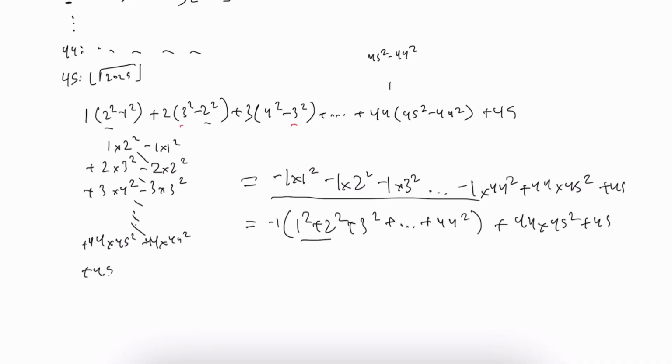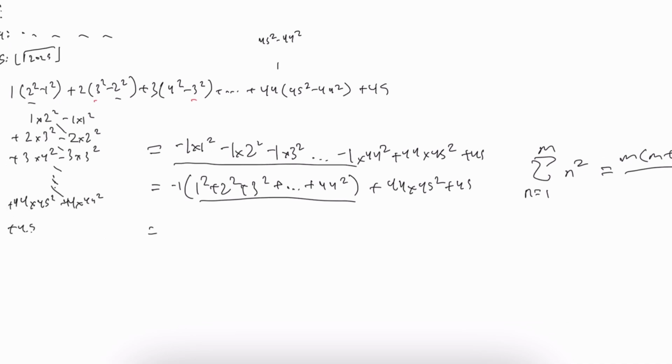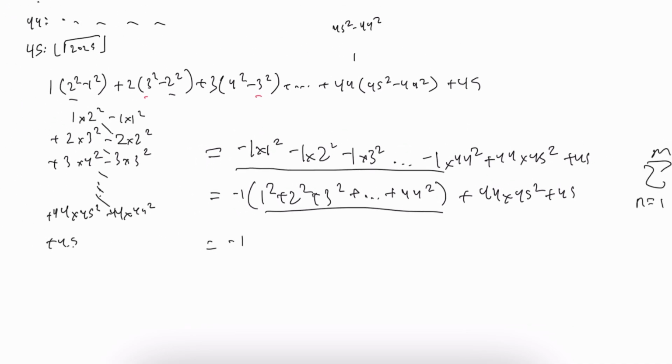The formula for the sum of squares is: the sum of n squared from n equals 1 to m is equal to m times m plus 1 times 2m plus 1, over 6. For our case, m is equal to 44. So this is negative 1 times 44 times 45 times 89 over 6, plus 44 times 45 squared, plus 45.